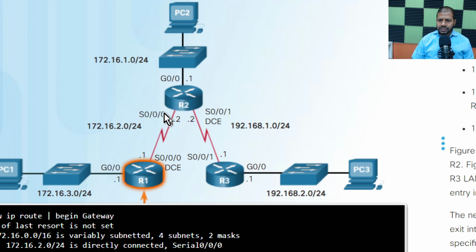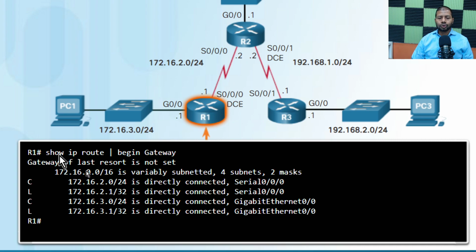R2's serial 0/0/0, this interface, its IP address is 172.16.2.2. Dot 0 is the network, but 2.2 would be this address right here. That's the next hop address. Or in R1, I can write that to go to this network, send the data out via the S0/0/0 interface, either via exit interface or the next hop router's address.